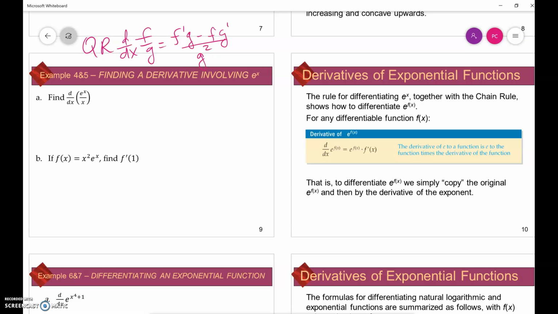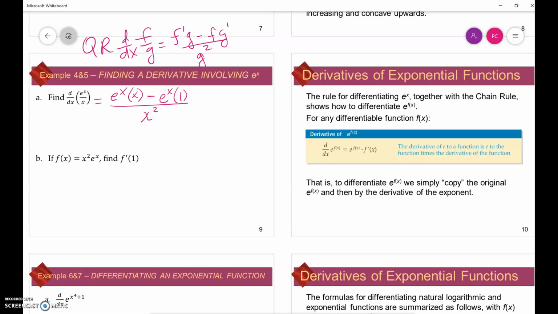So the derivative of e to the x is e to the x. So I have e to the x times x minus the top e to the x times the derivative of the bottom, which is 1, all over the bottom squared.